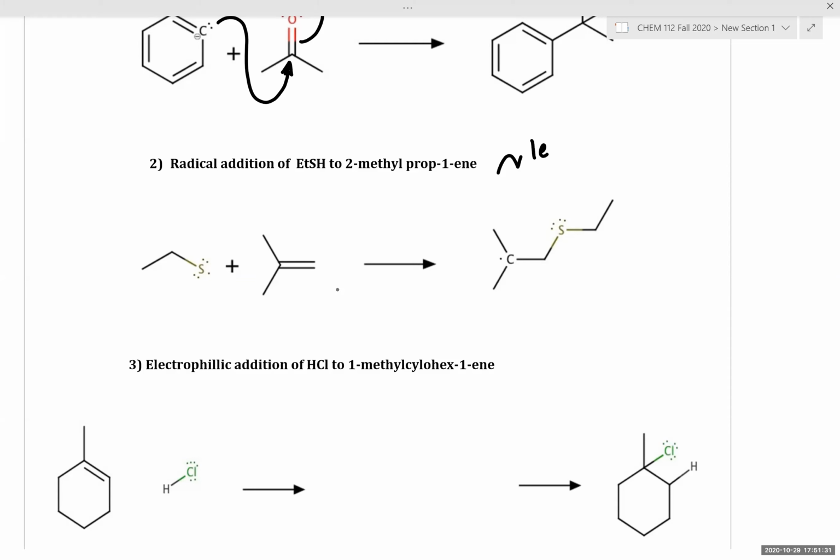And don't be shy to use the annotate tool to draw out this first mechanism for this radical addition reaction.